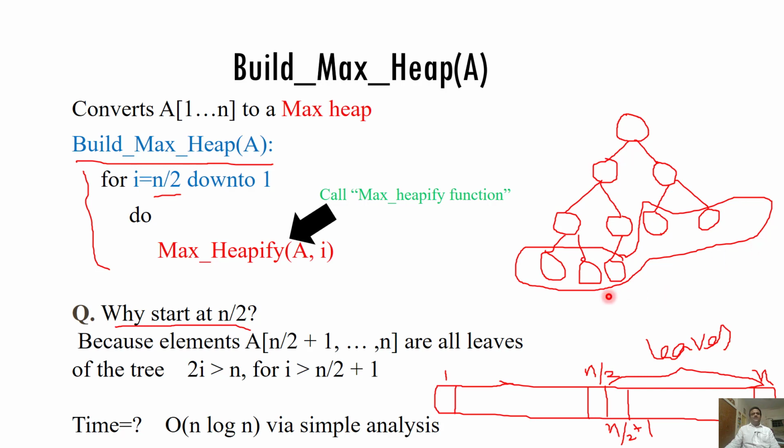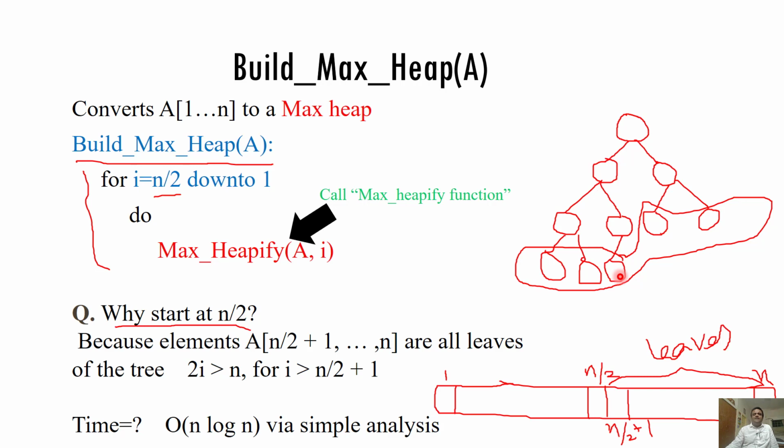Because suppose we take any index from n by 2 plus 1 to n, and assume that index is not a leaf, then where will the child be? The child will be at 2i. If i is greater than n by 2, then 2i will be more than n, but our array ends at n. There are n elements. So, obviously n by 2 plus 1 to n are the leaves which have no child.